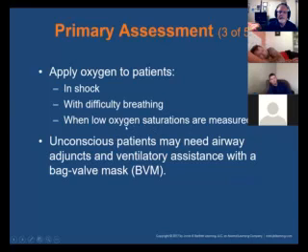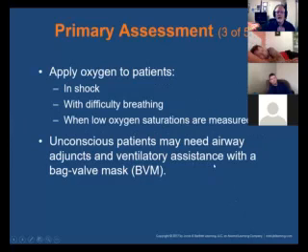So if that's the indicator we're using to determine whether or not to administer oxygen to our patient, we're going to watch that. If it's 94 or above, we don't need to provide supplemental oxygen. If it's below, we need to manage it.